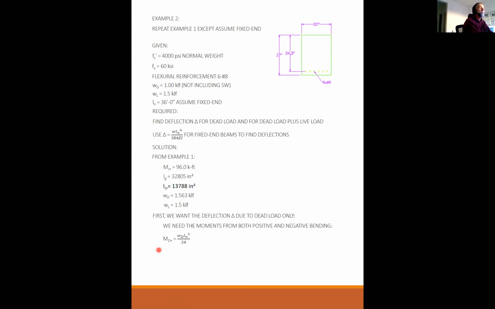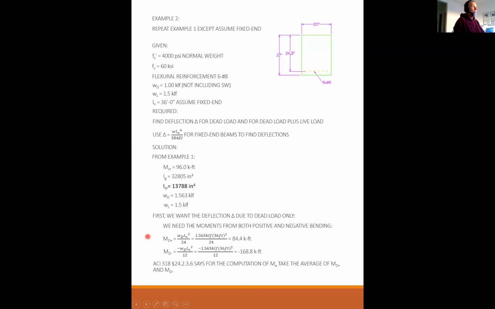The positive moments, and I'm getting these from tables, so you can look these up in load tables. The positive moment is WL squared over 24, which is 84.4 kip feet. And the negative moment is minus WL squared over 12, which is minus 168.8 kip feet.